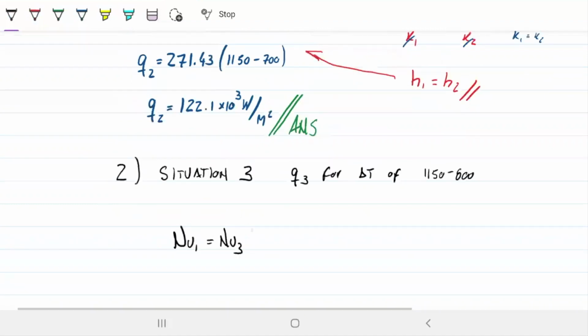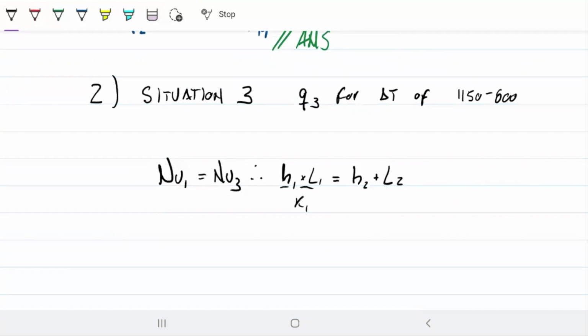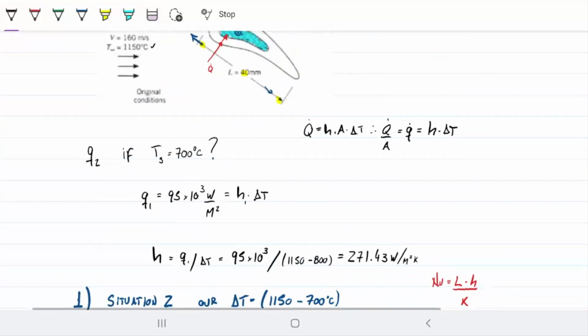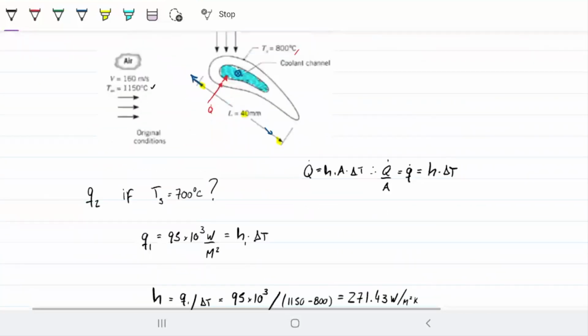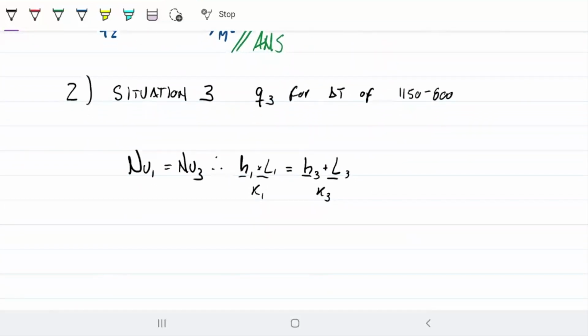Now we can once again write this in a different way. We can write that convective coefficient 1, length 1 divided by K1 equals H3, L3 over K3. Right, now there's a very important sentence, which is the one that I highlighted, which says that the two blades are similar turbine blades. So what can we eliminate from this equation here? That will be the same.